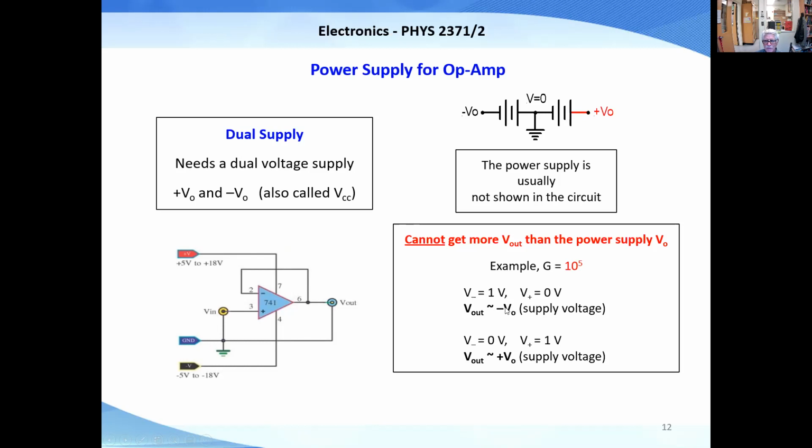You get minus 15 volts if that's what you put in for the power supply. And if you put in 1 volt on the plus and 0 on the negative, then you're going to get out the supply voltage, like plus 15 volts. Okay, you cannot get out more output voltage than the power supply.